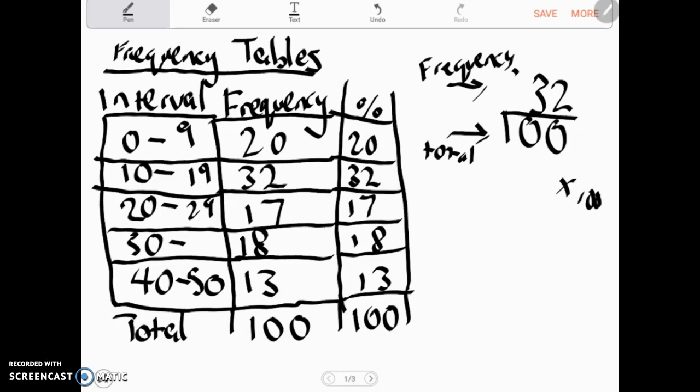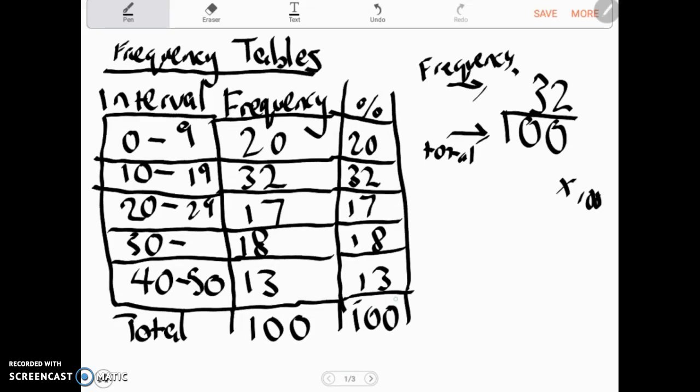It's also important to understand that the frequency is how many data points fall within the interval, and the percentage is the relative amount that each interval has, the relative amount of frequency of data points within that interval.